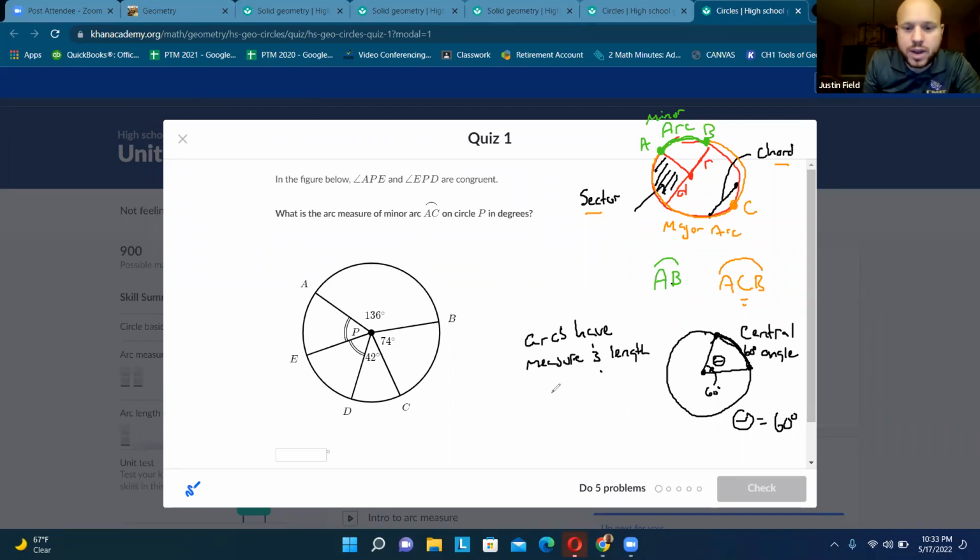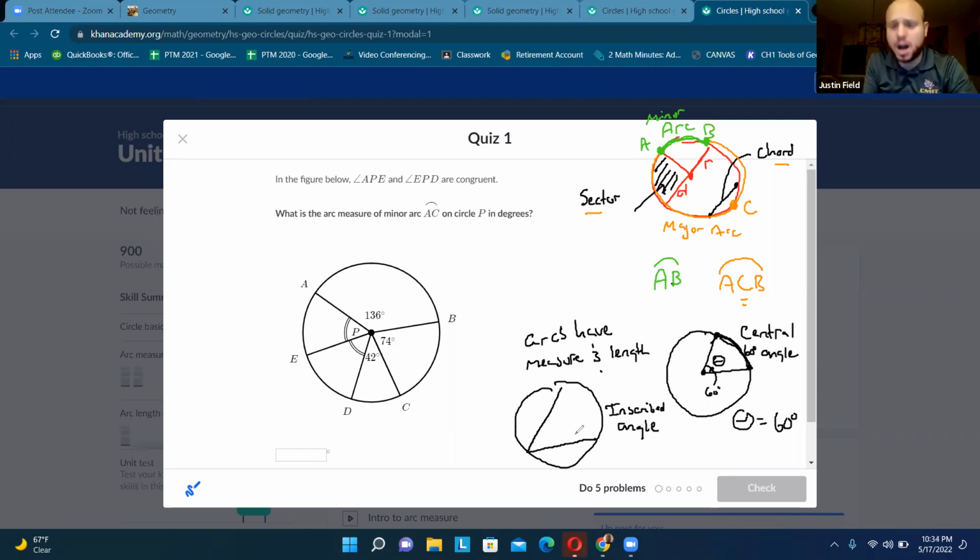And then the last thing we have is these things called inscribed angles. Inscribed means to be written on, or on something.